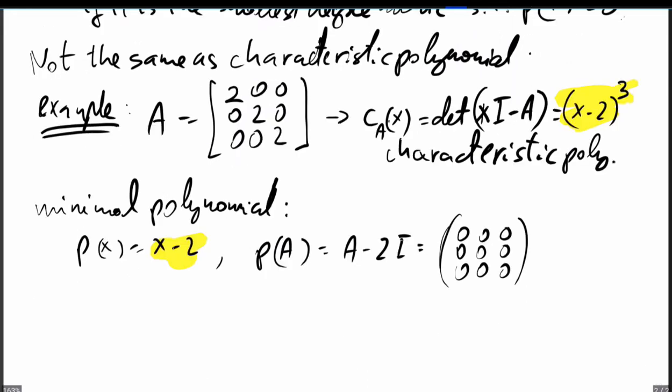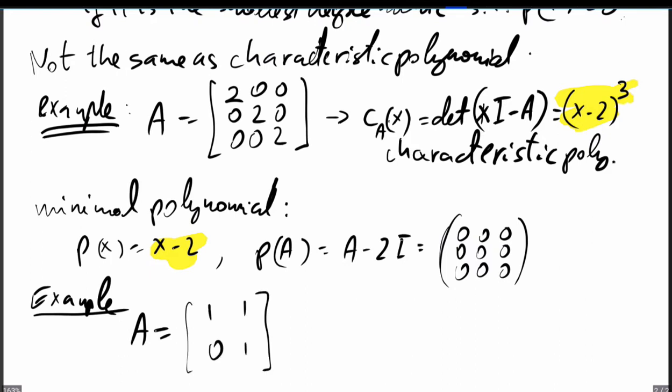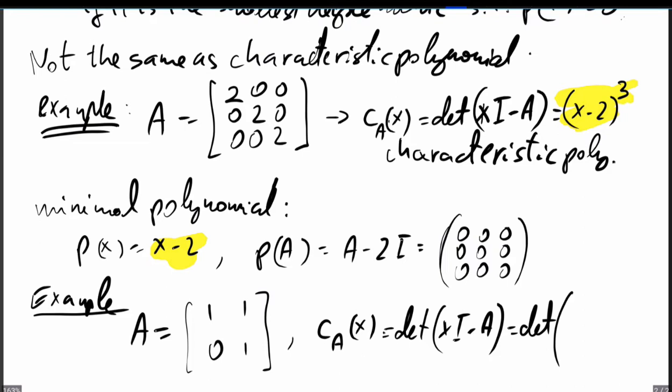So let's see another example. This kind of shows that minimal polynomials are not something trivial to calculate with. You have to be careful. So now let's consider a 2 by 2 matrix 1, 1, 0, 1. Again, first the characteristic polynomial, which is the determinant of xI minus A. So this is the determinant of x minus 1, 0, x minus 1.